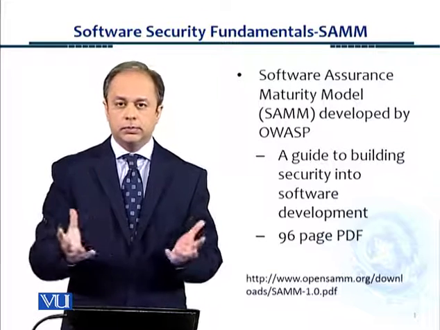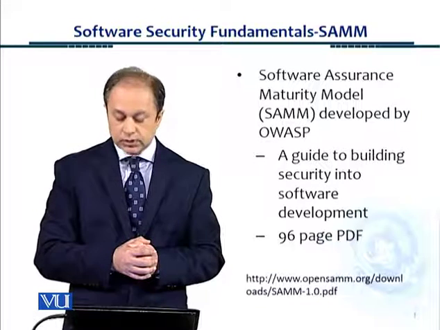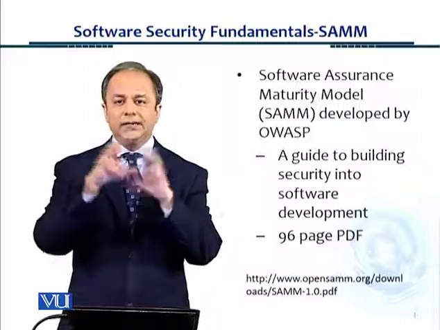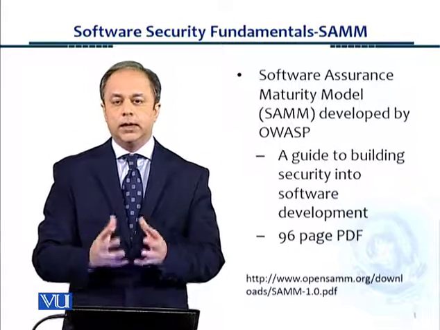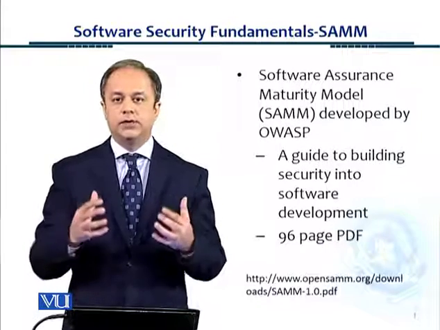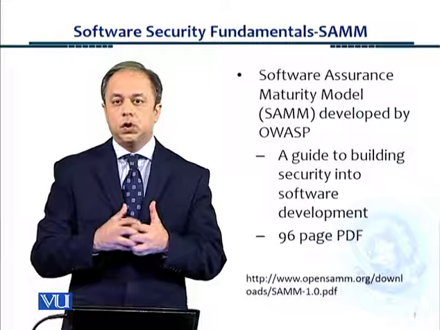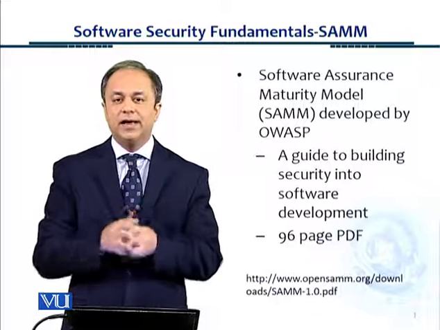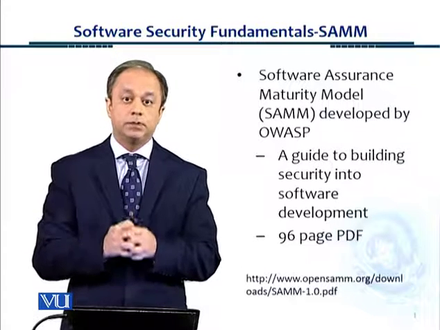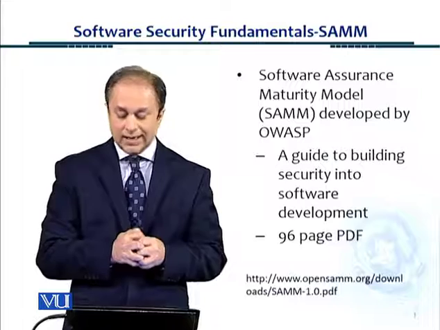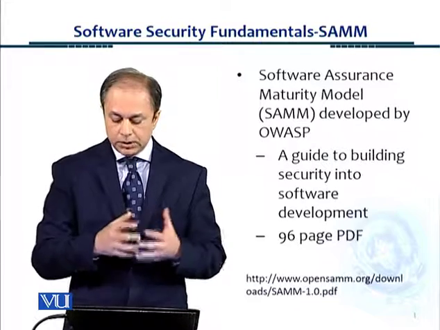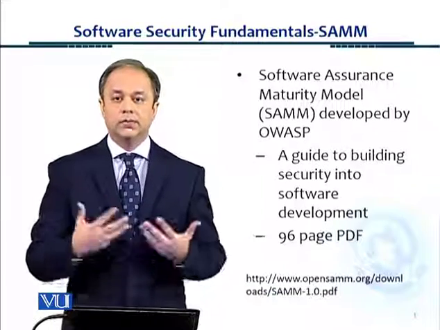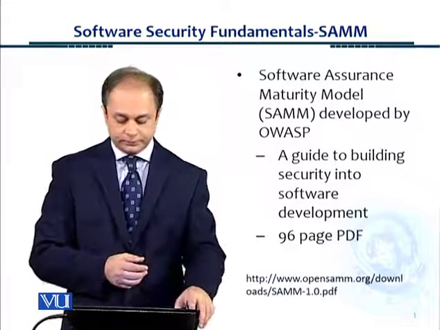It's a tremendous document, about 100 pages of PDF, and it gives a complete framework in 4 different areas, and it has various practices in order to develop a highly effective software security program in the organization. It's basically a guide to building security into the software development lifecycle.